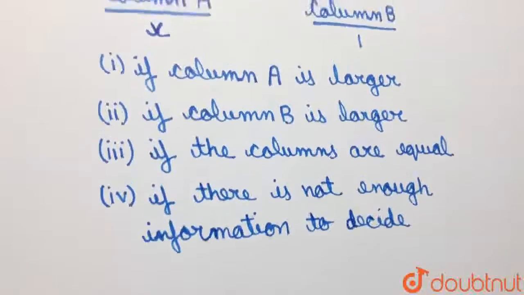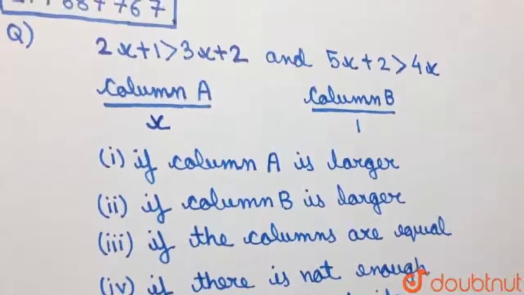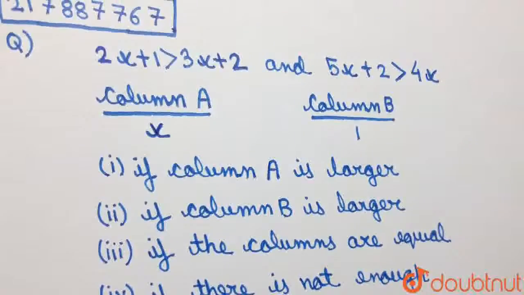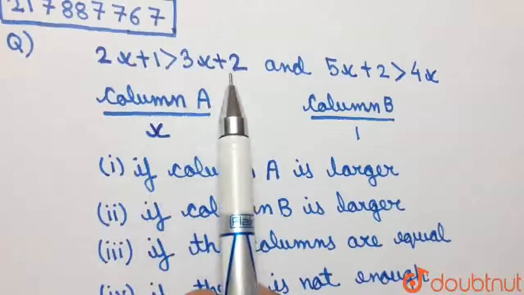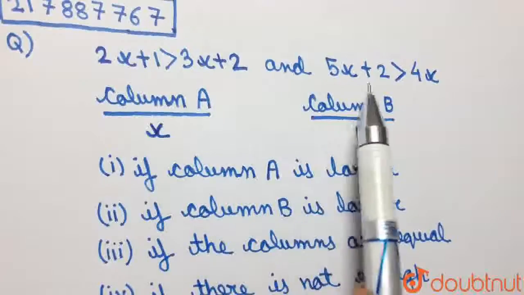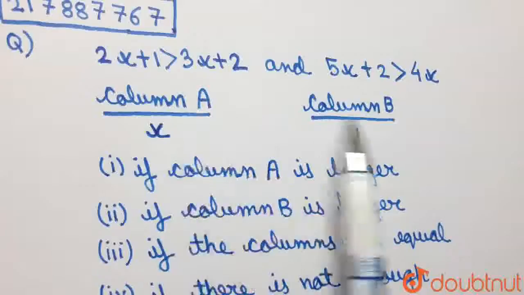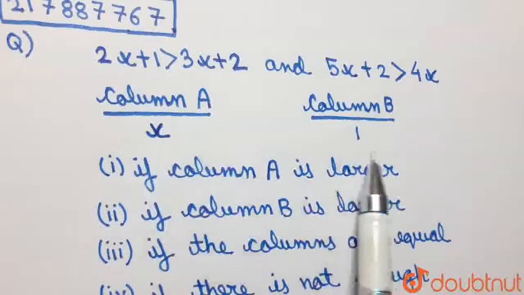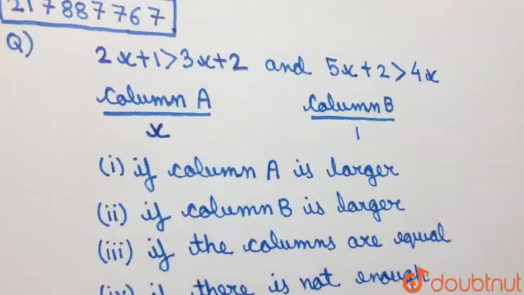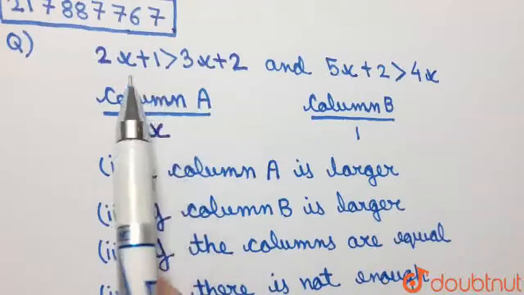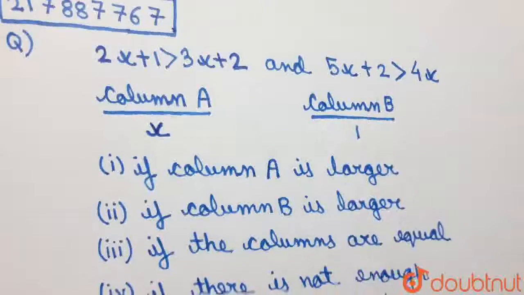Okay. Now in this question we have been given two inequations which are 2x plus 1 greater than 3x plus 2 and 5x plus 2 greater than 4x. We also have been given two columns and basically we have to compare between these two columns. So first of all, writing down these two inequations.